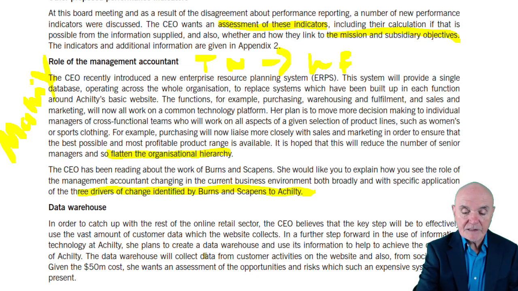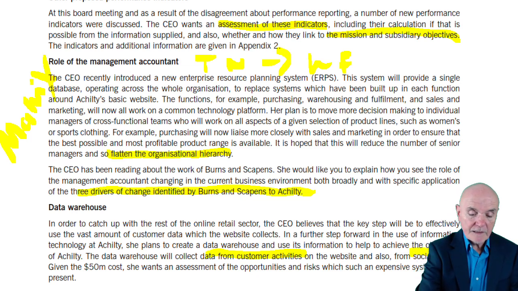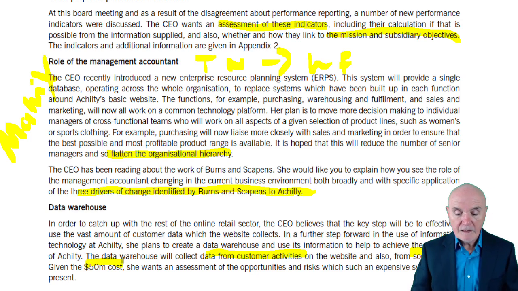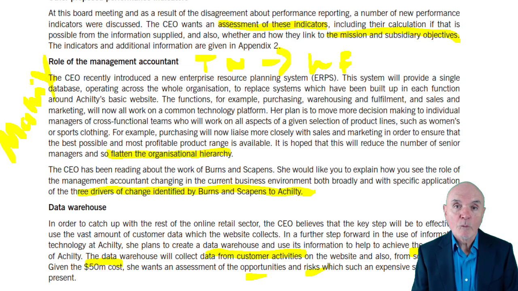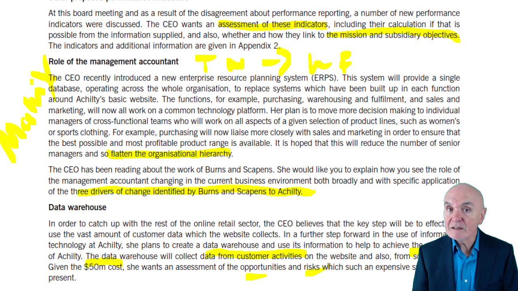It collects data from customer activities and also from social media. Goodness me, it costs 50 million. And she wants an assessment of the opportunities and risks which such an expensive system would present. Note, it does not want a description of a data warehouse. It does not want a description of big data.